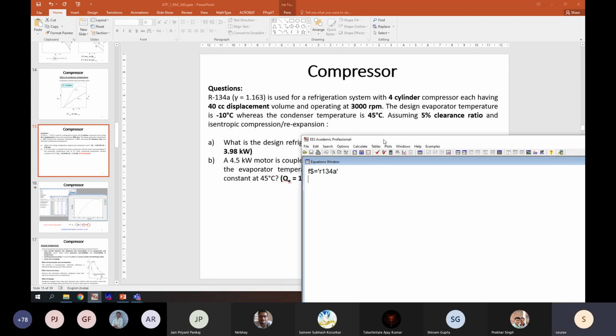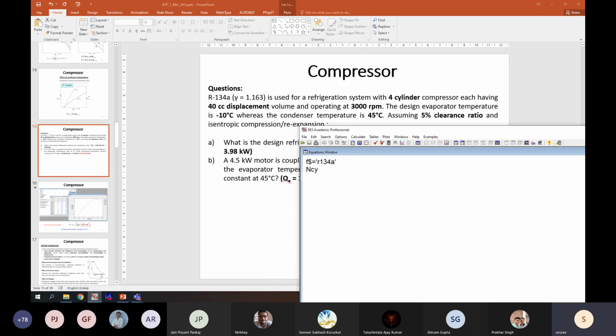And what are the conditions given? N cylinder is equal to 4, RPS equals to this. Okay, V displacement in meter cube, how much? 40 cc in meter cube, how much? 40 times 10 to the power minus 6.